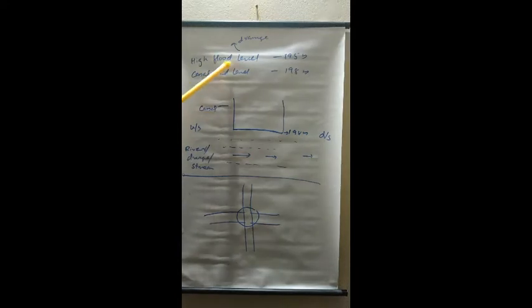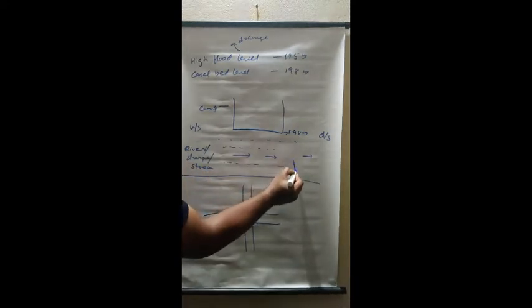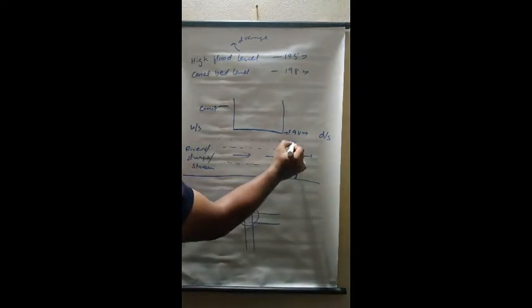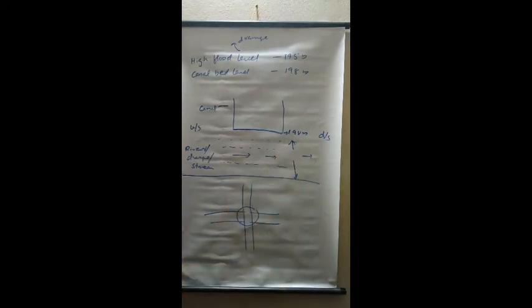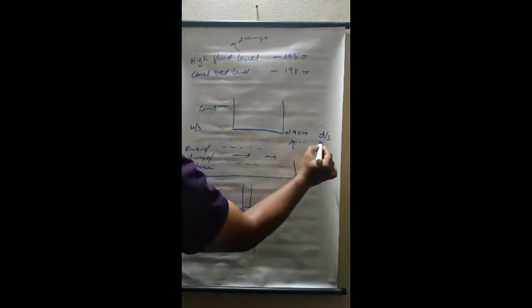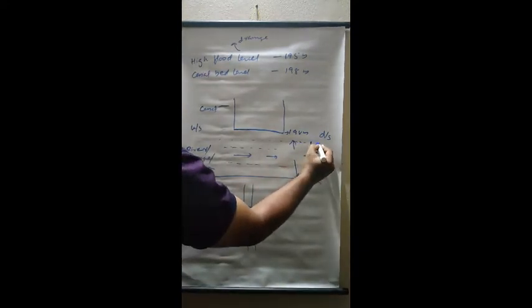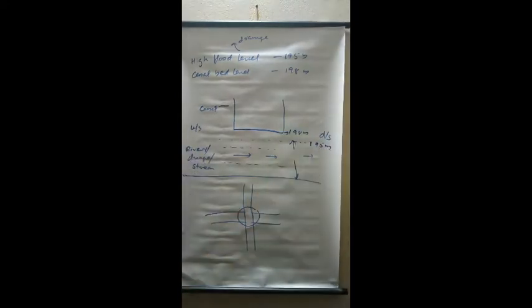And the high flood level in the river, in this river or in the drain or in the stream, the maximum level that is possible can come up to 195 meter.